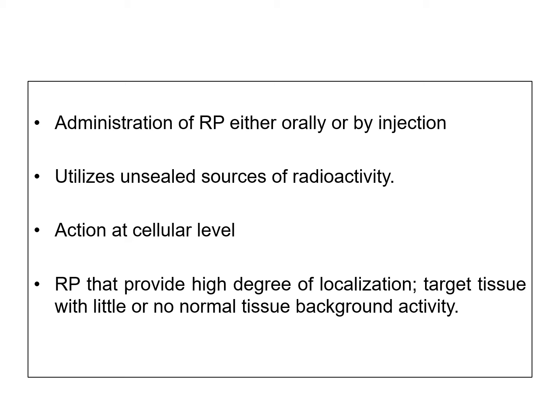It comes in a solution or capsule that the patient needs to ingest orally, or sometimes it is injected intravenously to the patient. And this therapy also utilizes unsealed sources of radioactivity, which makes it different from what radiology is doing, whereby they have a sealed source inside the machine that gives the radiation to the patient at the local sites which are required.